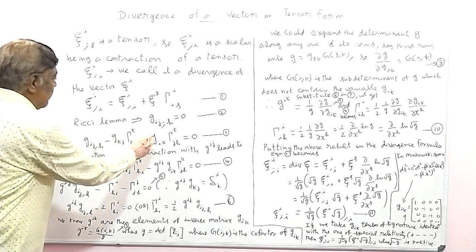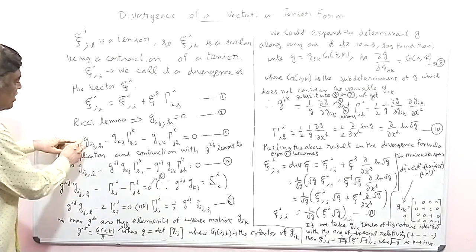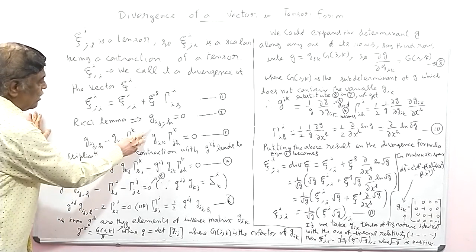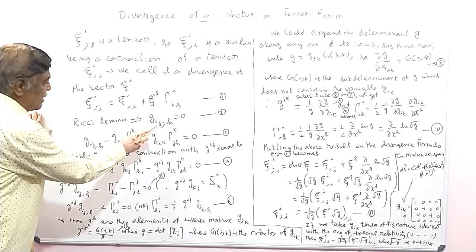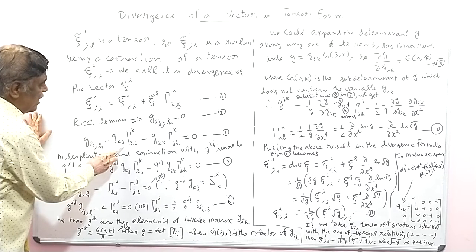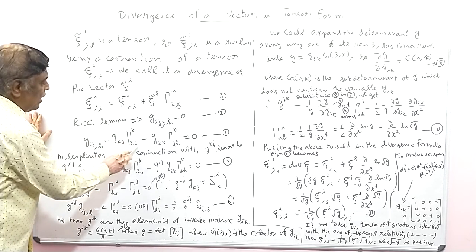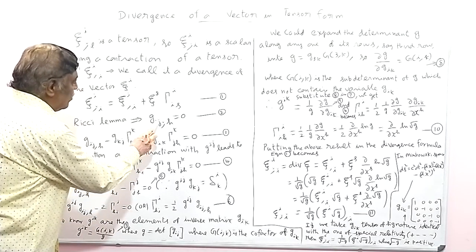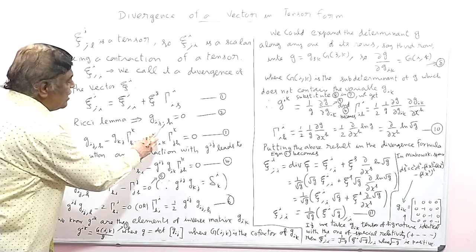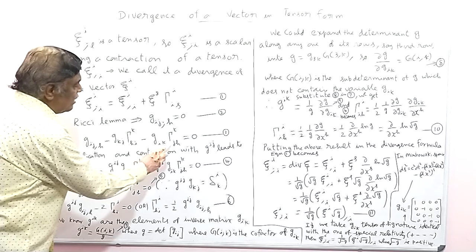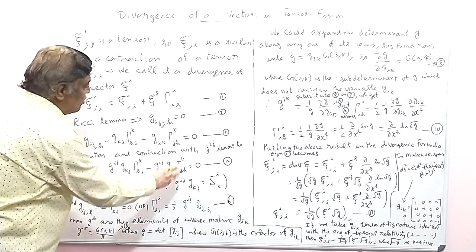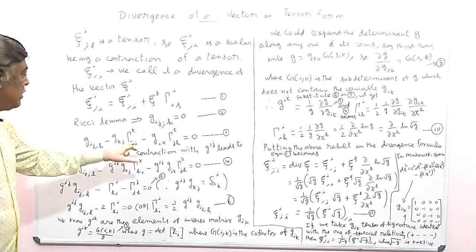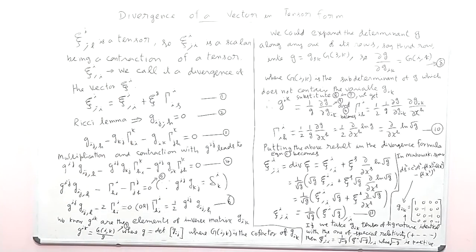Now, according to the definition, you expand. The first term is the normal derivative, and in the second term you replace one index with a dummy index k: g kj gamma k i h. Then in the next term you keep i and change the j to the dummy index k: gamma k j h. This is equal to 0. So using the definition of the covariant derivative, this is expanded into expression 3.